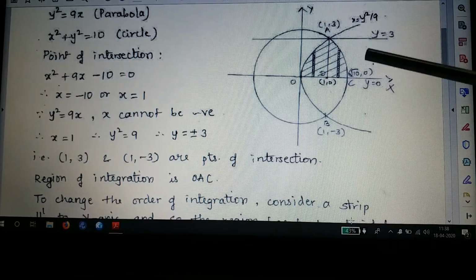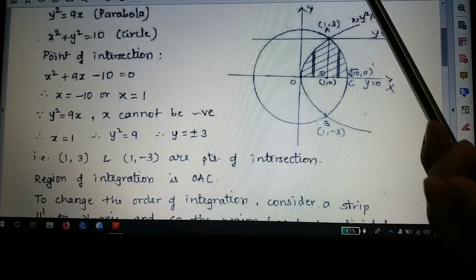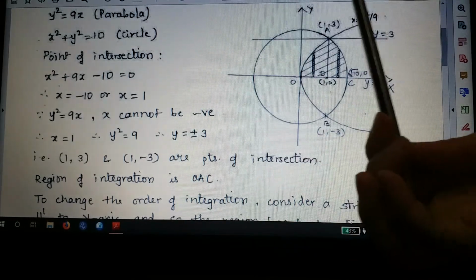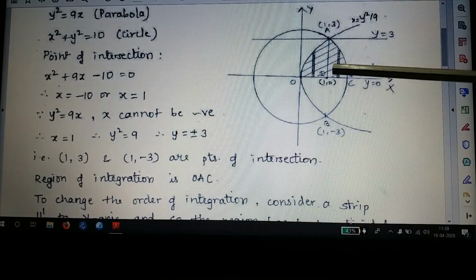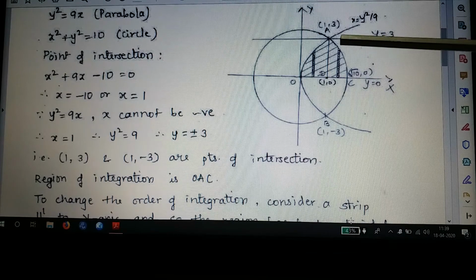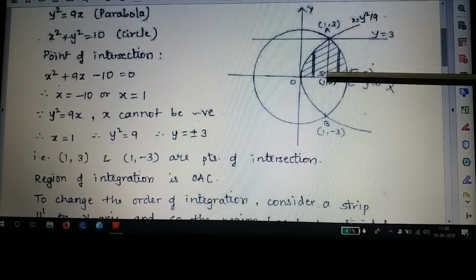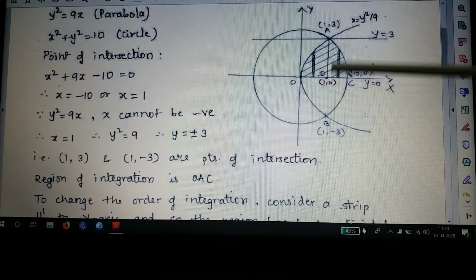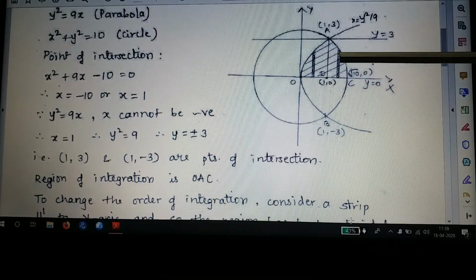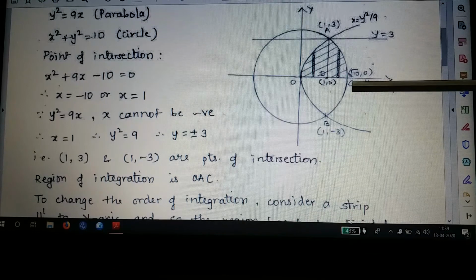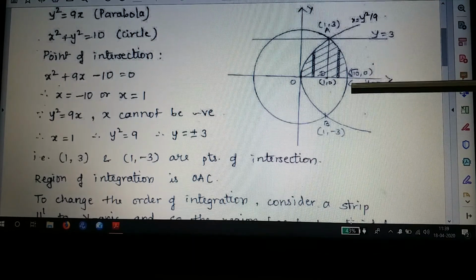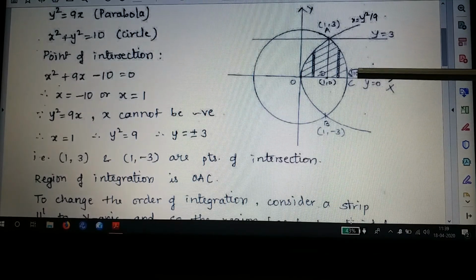Okay. Now to get the limits for x, you will take this strip and move it parallel to itself in the second region. For that you will take the strip to line AD. On line AD, x is 1. Then move the strip parallel to itself and bring it to the point C. At point C, the value of x is root 10.